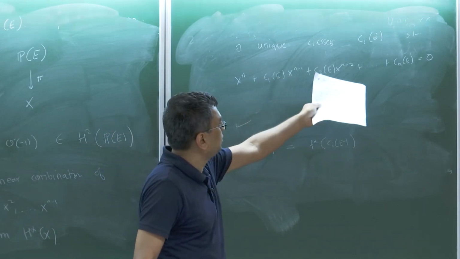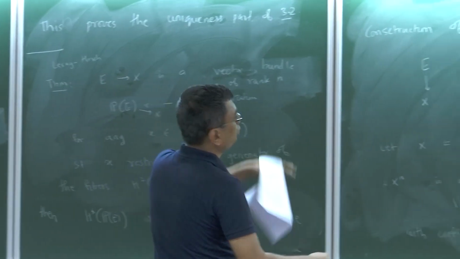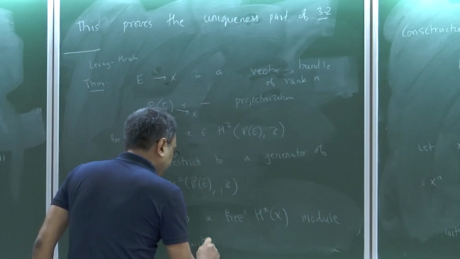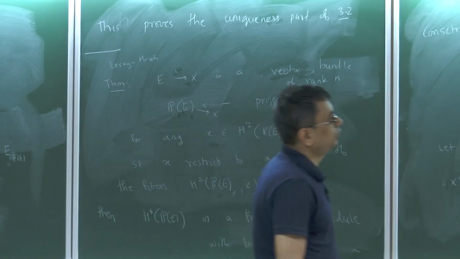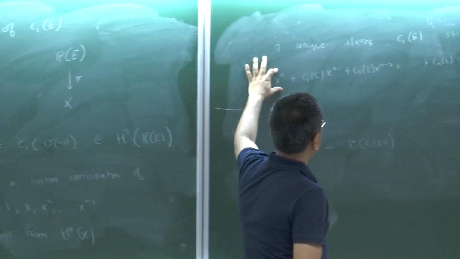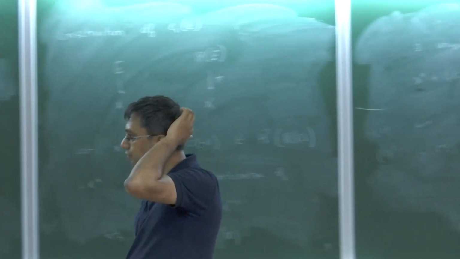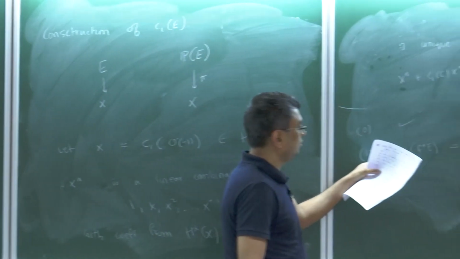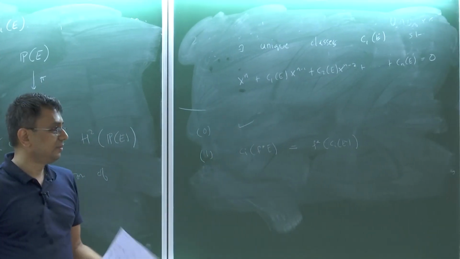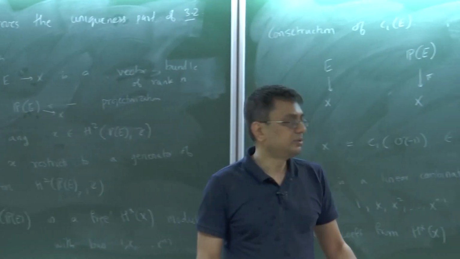But anytime I write such a relation, these coefficients Ci have to be unique, because H star of P of E is a free module over H star of X with basis 1, x, up to x to the power n minus 1. So x to the power n can be expressed uniquely as an expression like this. So anytime I have such an expression, the coefficients are uniquely determined, and that is my definition of Chern classes. So this is also straightforward. It is just seeing that projectivization and the tautological bundle are well behaved with respect to pullback.